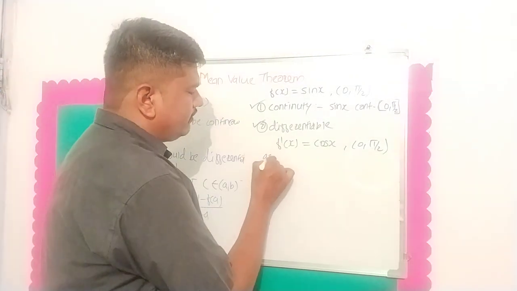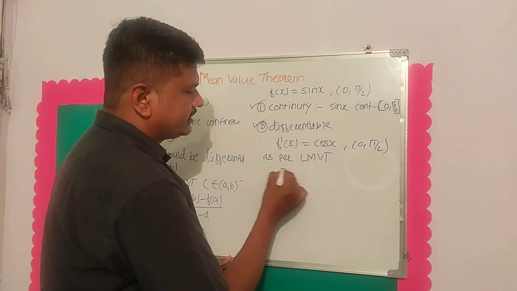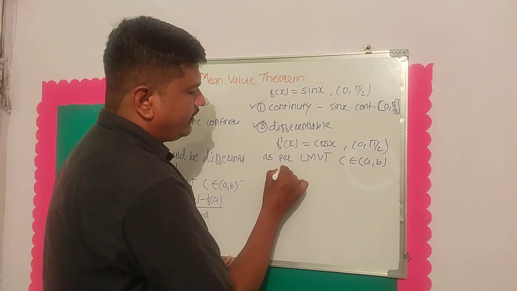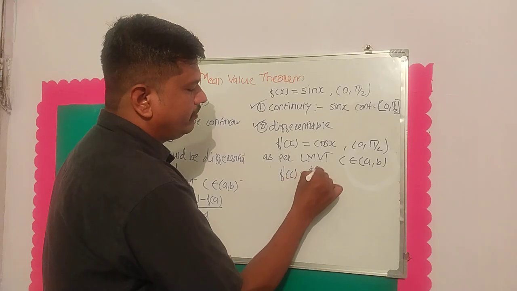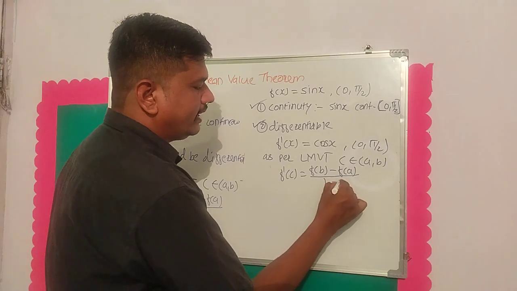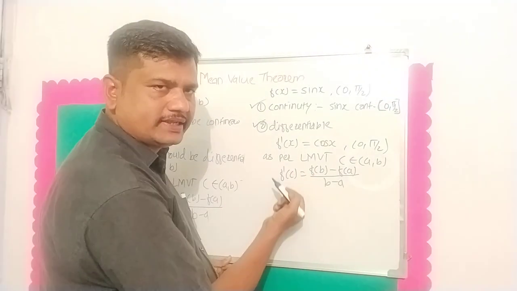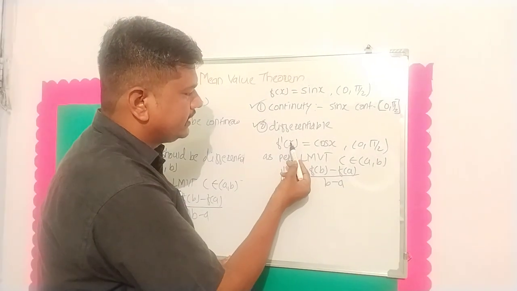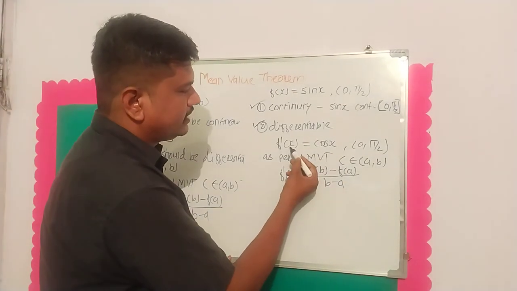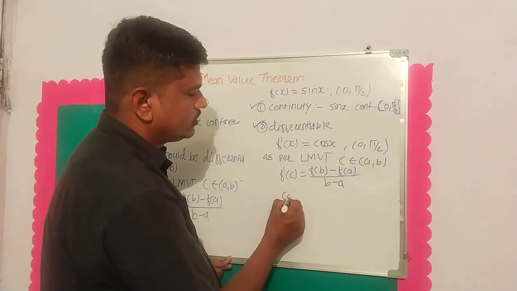Then as per LMVT, what we can say is there must be some C which belongs to A comma B, such that f dash of C is equal to f of B minus f of A divided by B minus A. Now here for f dash of C, we will take f dash of x and replace this x with C. Then f dash of C will become cos of C, isn't it?